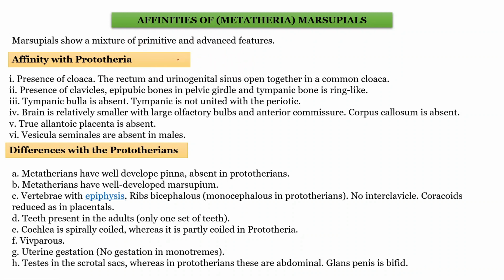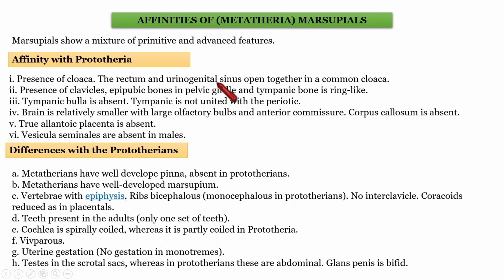First, we are going to see its affinities with prototherians. Which are the affinities? First, presence of cloaca. Cloaca, we know, is a common opening to eliminate excretory waste as well as the sex cells. So, cloaca is present in both prototheria and metatheria. So, that's the rectum and urinogenital sinus.